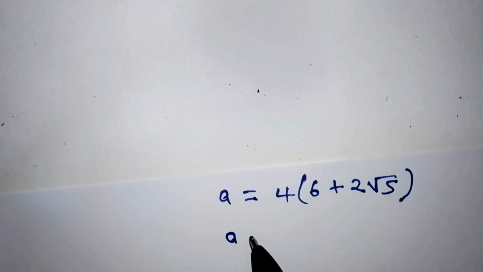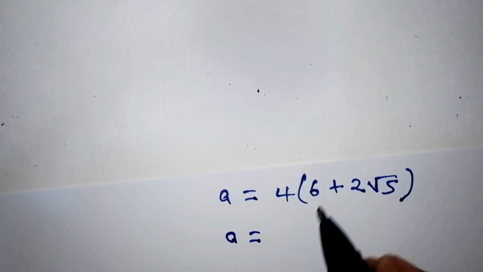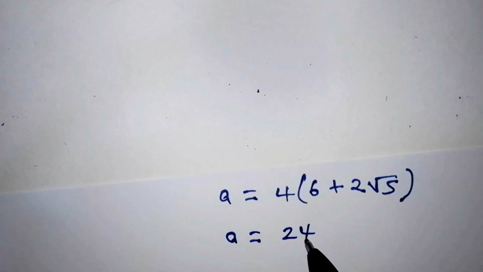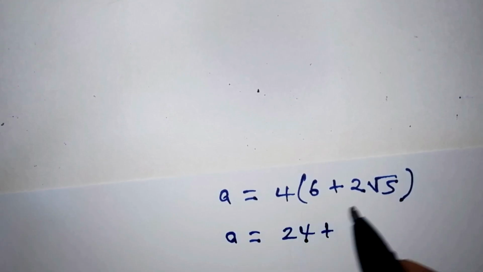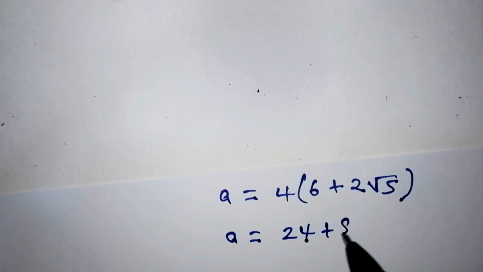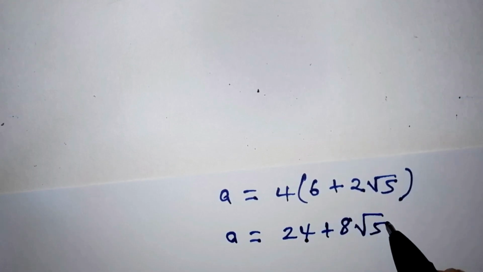A equals 4 times 6 is 24 plus 4 times 2 is 8 square root of 5.